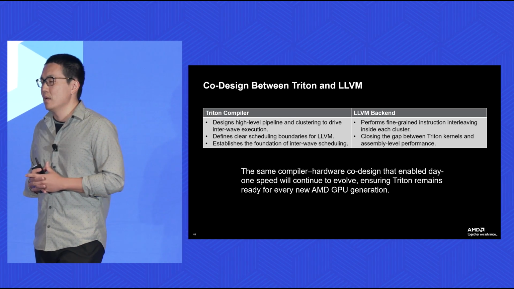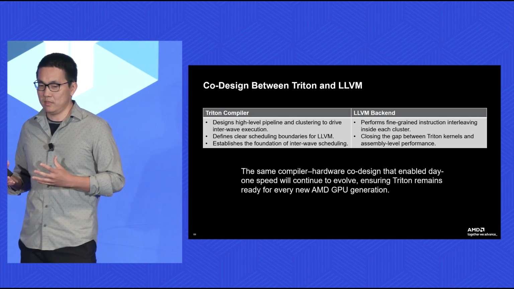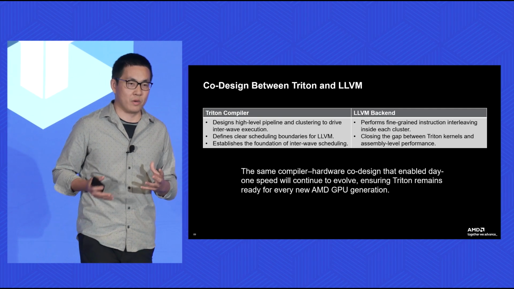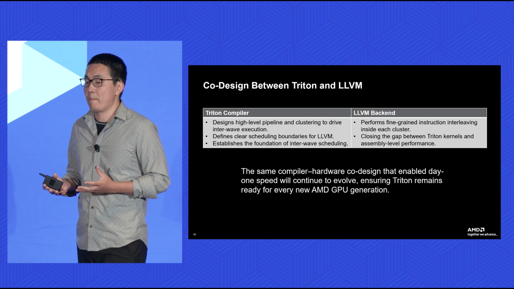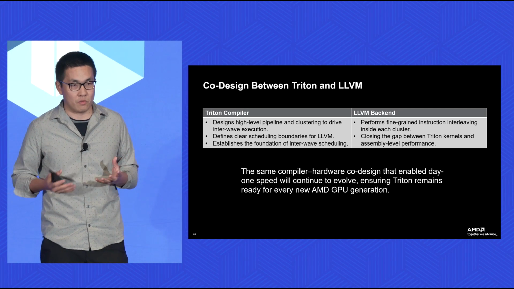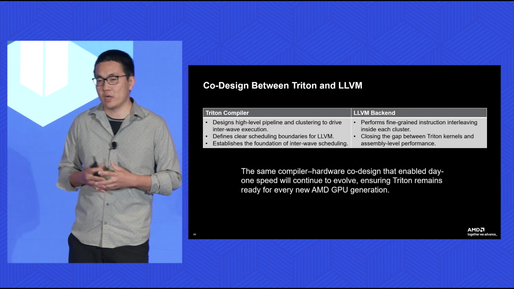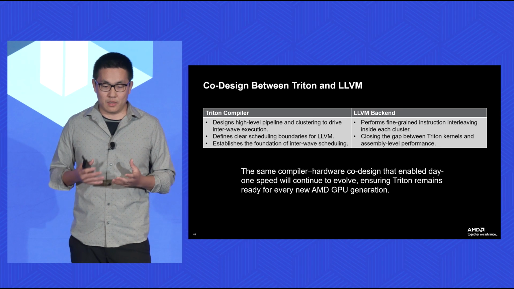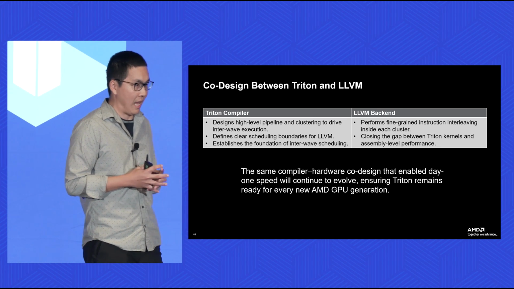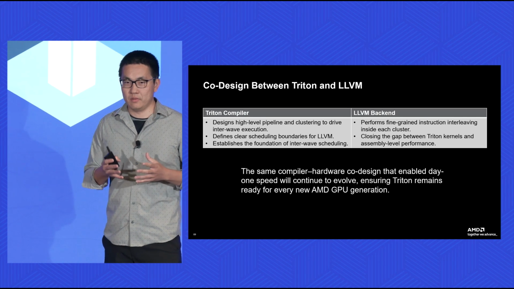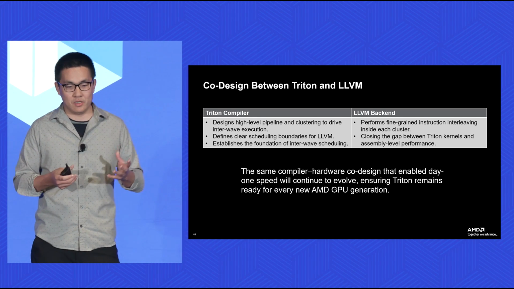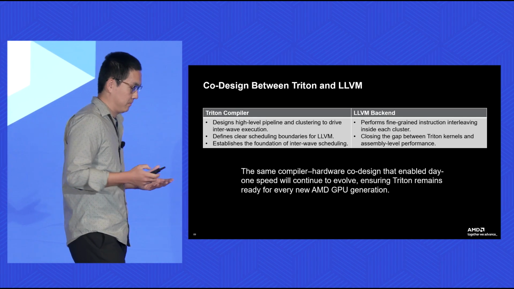And then LLVM does the fine-grained instruction scheduling within each cluster. The result is a compiler-hardware co-design that enables Triton kernels to get close to hand-tuned assembly performance. And this collaboration continues for future GPUs.